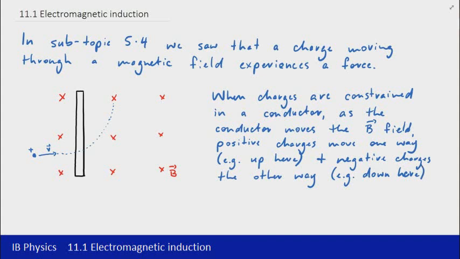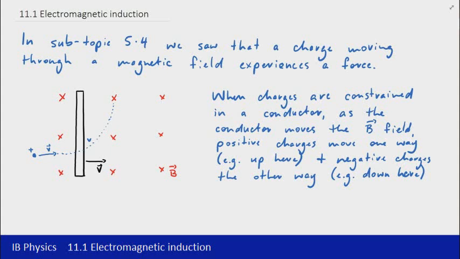So again, as this conductor is now moving through that field with a velocity, positive charges are going to experience a force that pushes them up that way, and negative charges will be pushed down the other way.